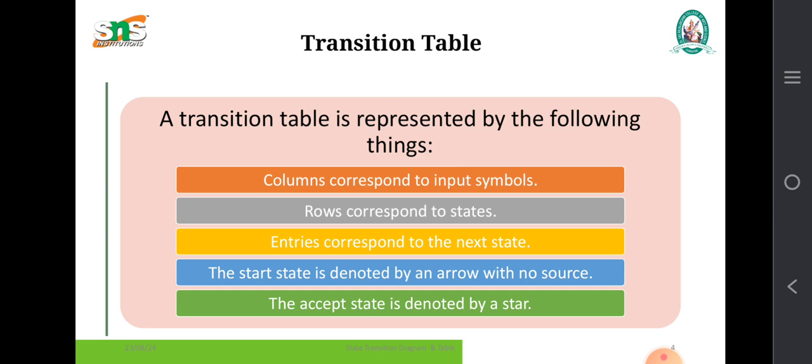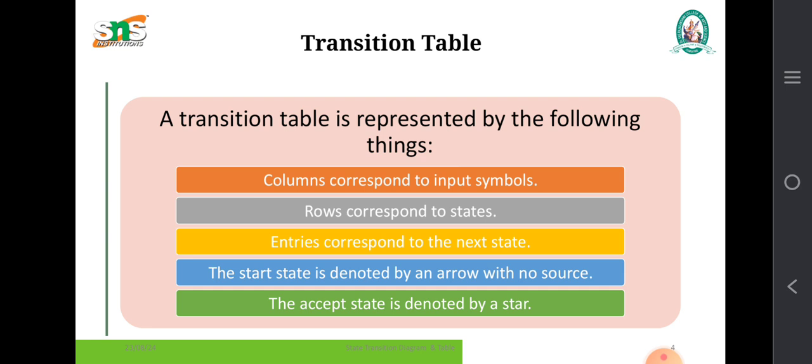Next comes the transition table. As the name denotes, the transition table is nothing but a table which shows what transition happens by getting an input. A transition table is represented by the following things. Columns correspond to the input symbols, rows correspond to the states, and entries correspond to the next state.